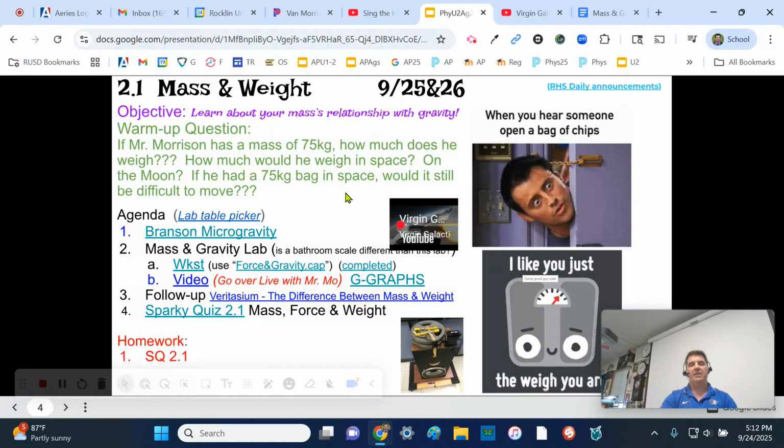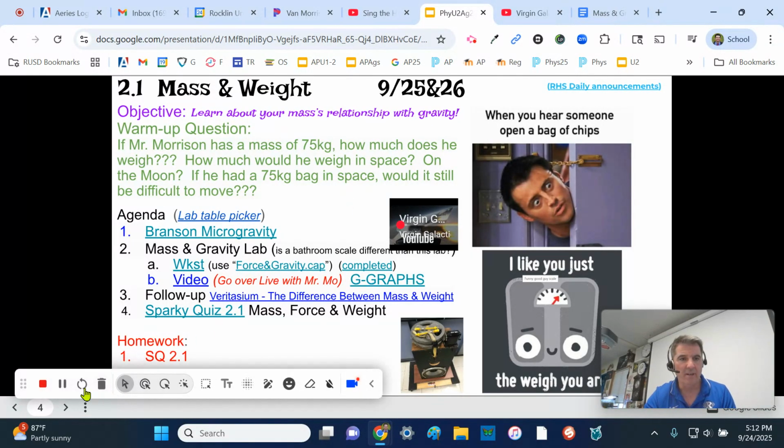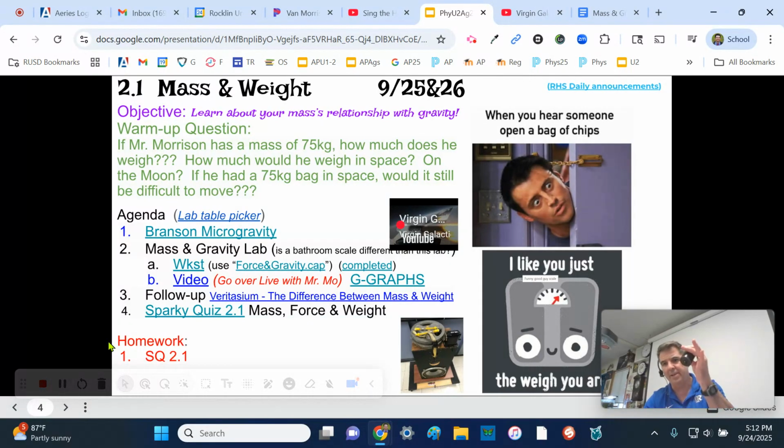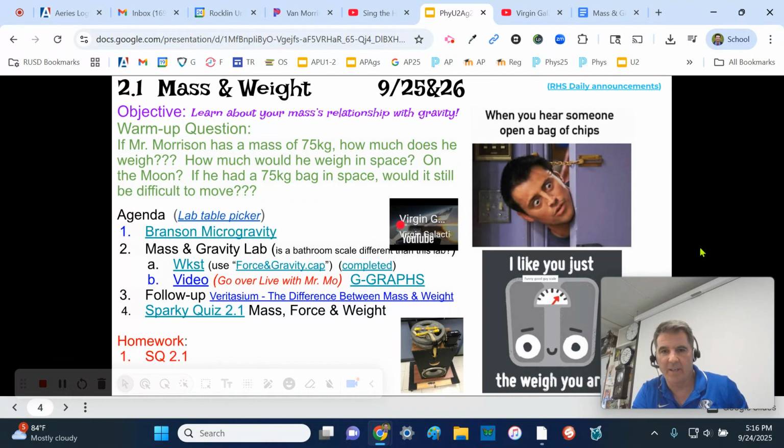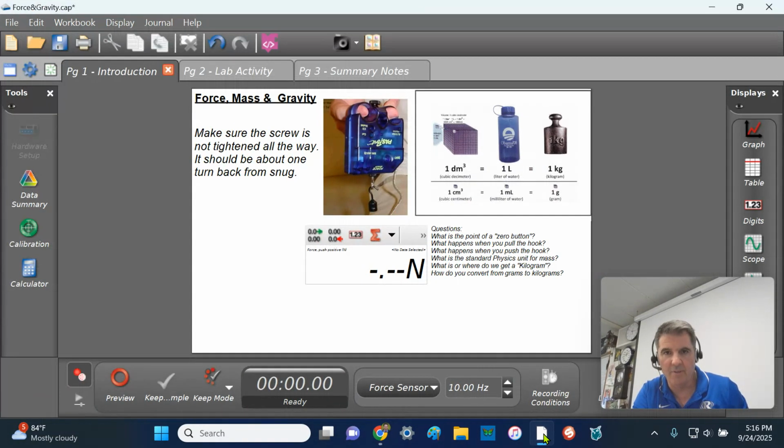Okay, next we got a lab, and the lab is about weights, so let me get that started. Okay, so the lab itself, where did it go? There it is, right there. So we have a force sensor right here. It has a hook, and it has the ability to see how much something weighs, just like a spring scale.